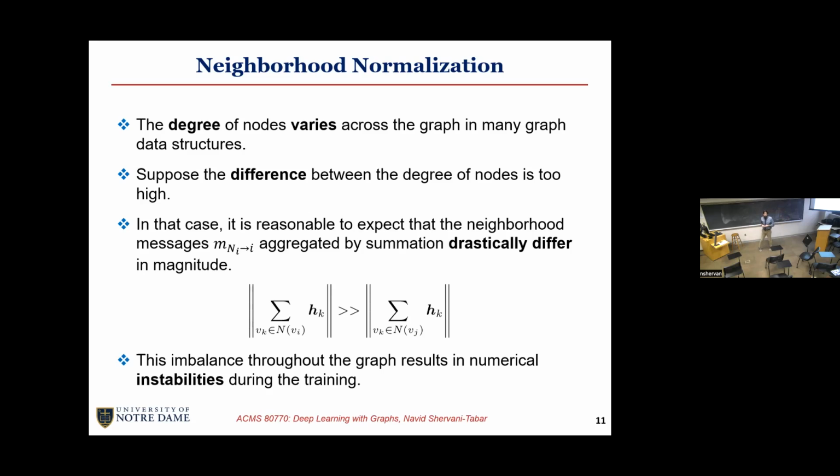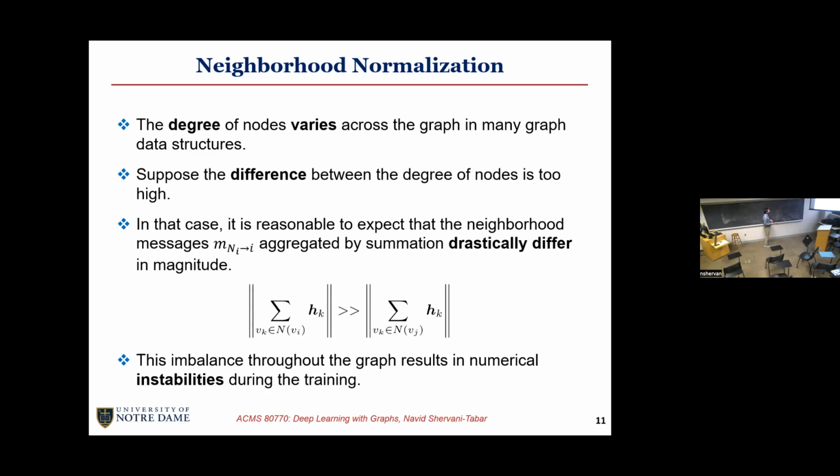If we now sum the embeddings for different nodes, we will get magnitudes that are very different from each other.